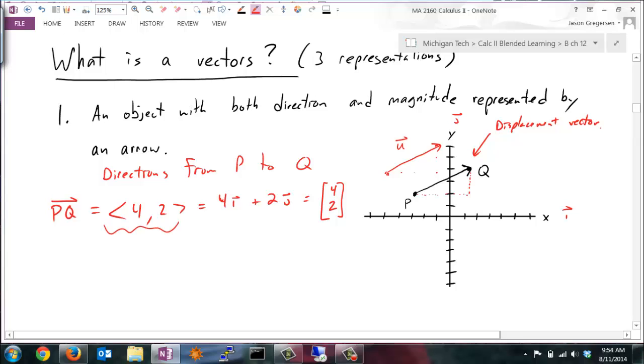A position vector is just a vector whose tail starts at the origin. So we have a tail, which is where we're starting from, and we have a head, where we're ending at. And so a position vector is just a vector that starts at the origin. In this case, we'd go over 4, up 2. This would be the position vector.